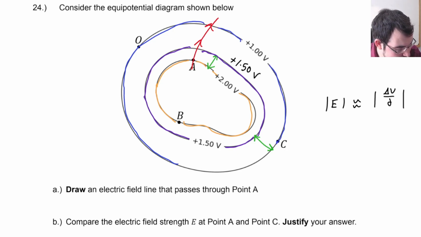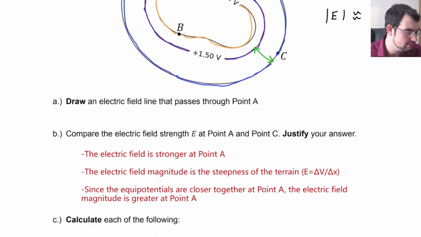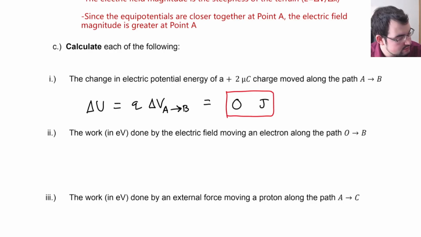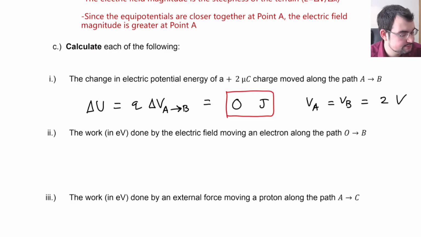So we can see here that A and B are actually on the same color line, at the same height. So there's no energy change to move along that line. That's just you're sort of walking in a circle of constant height. So it's actually 0, because VA equals VB equals 2 volts.